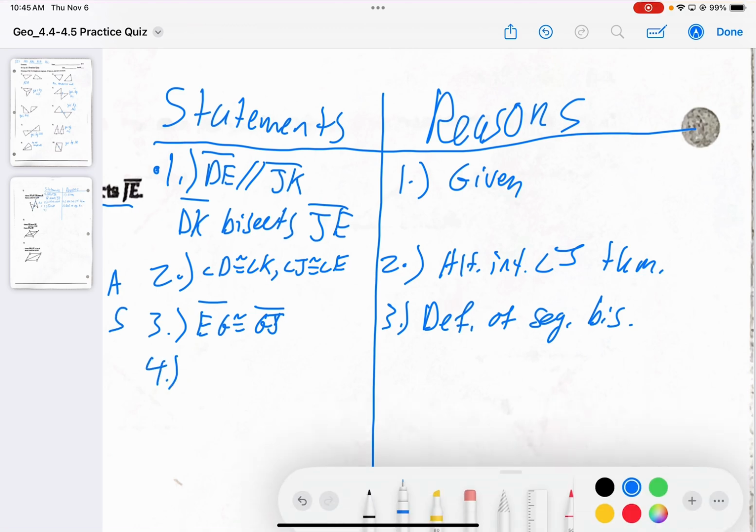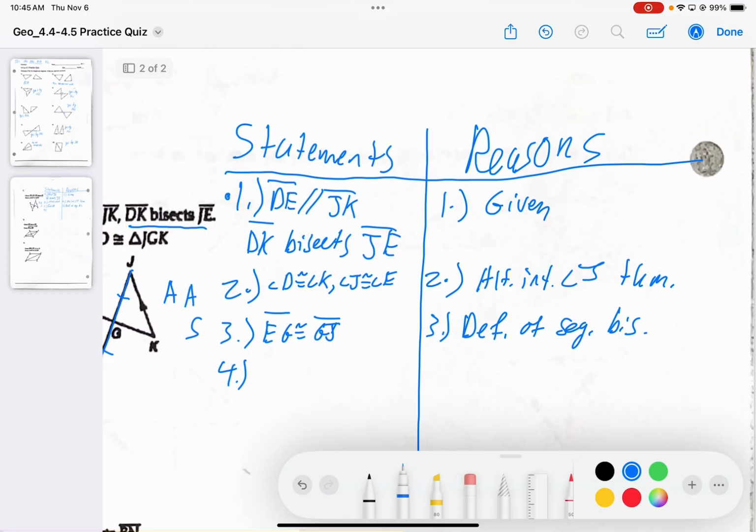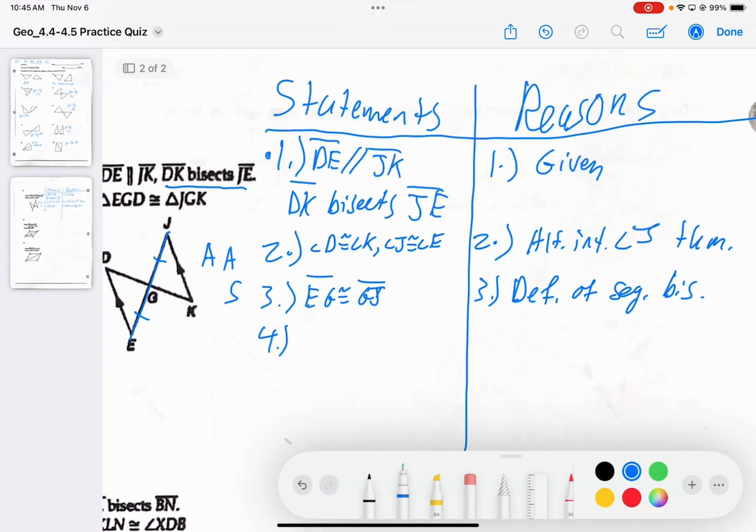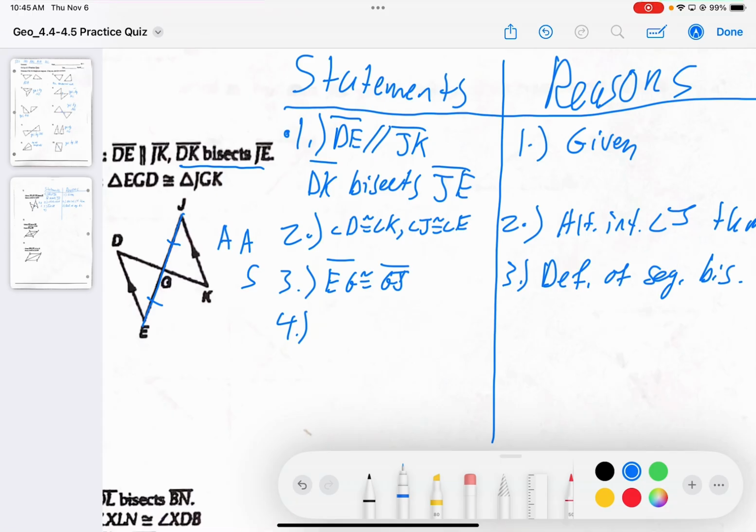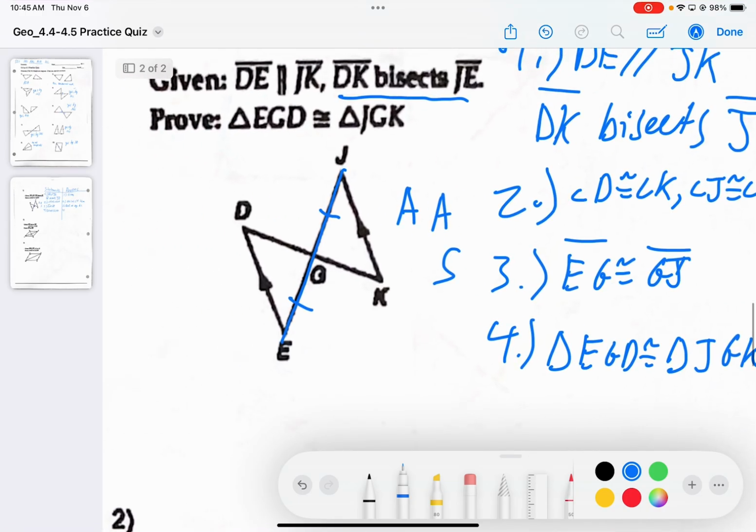So now, did I show enough to say the triangles are congruent? Yeah. So now I'd write that proof statement, which would be EGD and JGK. Now I need a reason. We said these angles were congruent, and we said these angles are congruent.